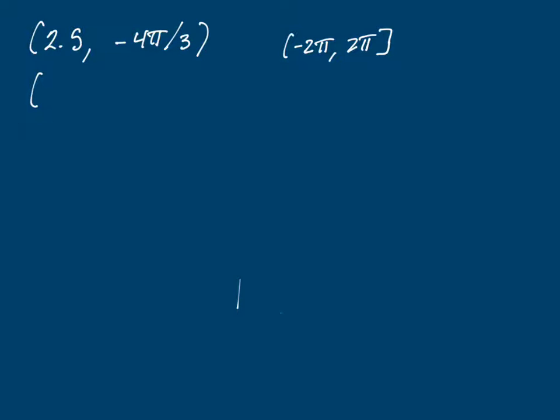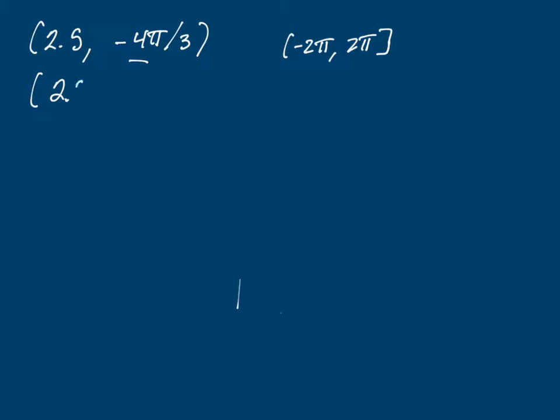Okay, for number 8, I'll try to figure them out mathematically without the unit circle. Okay, so the first thing you can do is add or subtract 2 pi. So I have to get it between negative 2 pi and 2 pi. So since this is negative, I know I can add 2 pi.